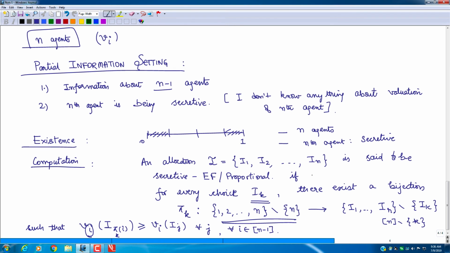I want to now allocate these pieces to the remaining n minus 1 agents such that they are still envy-free amongst them, and also not envious of that nth guy, which in particular means that whatever they get is also at least Vi of Ik. This is the choice of the secretive agent.